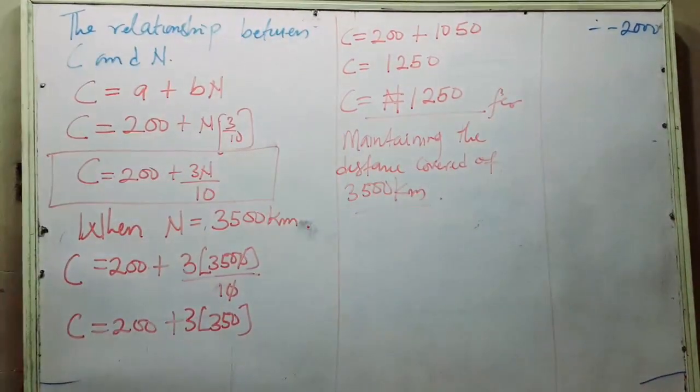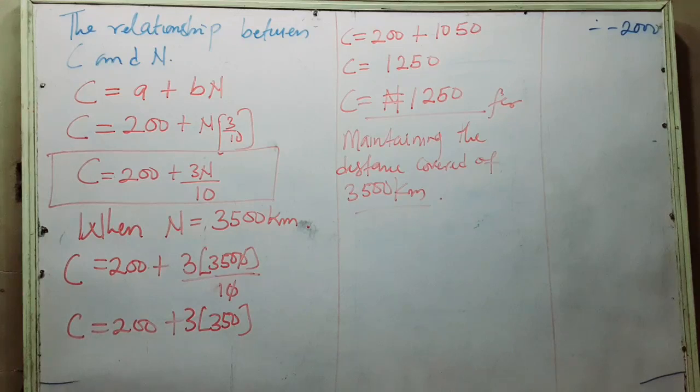So that is it. You will see that this is a practical class of mathematics in variation. It means that we use 1,250 Naira to maintain a distance covered of 3,500 kilometers.